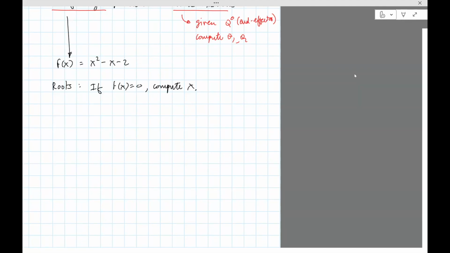So the best way to figure that out is probably to draw the function f of x as a function of x. So this is a parabolic equation, so it'll look something like this.